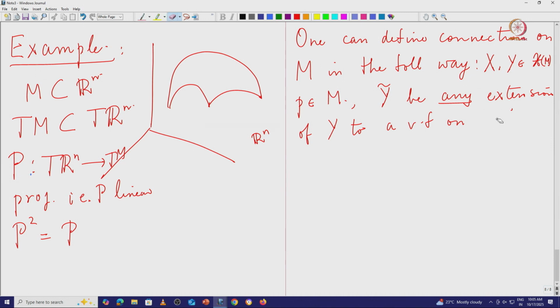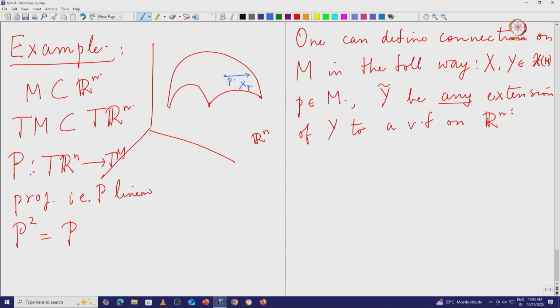So let's say on all of R^n. Okay, so the picture is the following. So we have a point p here, you have some vector X_p that's tangent to your manifold M. So now Y tilde is, you have another vector field Y which is tangential to your manifold, but then you extend it arbitrarily to a vector field on R^n.